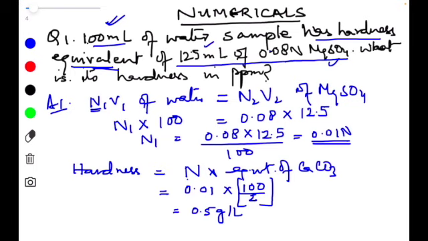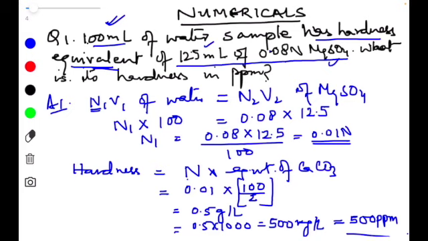Okay, fine. And how much in milligrams? It comes out to be 0.5 into 1000. So that makes it 500 milligrams per liter, or you can also say 500 ppm. Why? Because 1 milligram per liter is equal to 1 ppm. So this is my final answer.